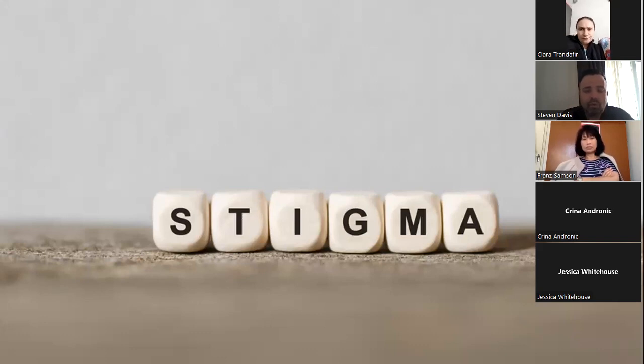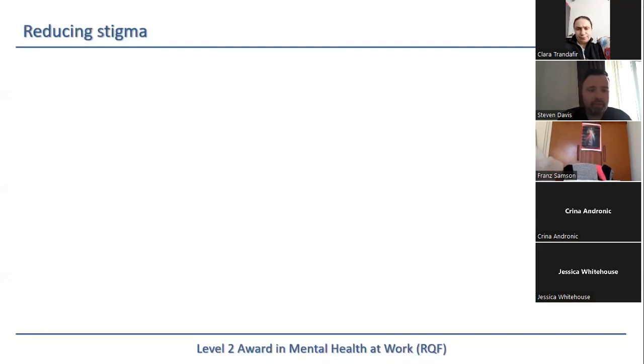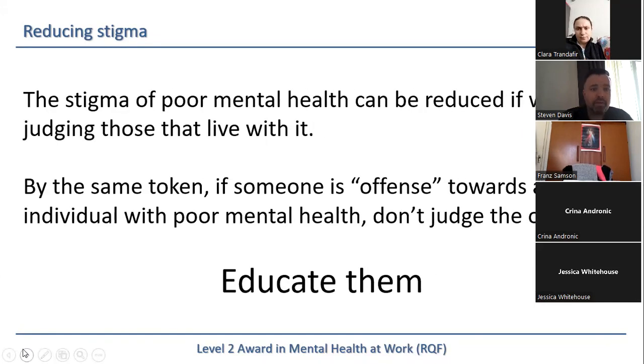So we've already said before in our dementia training, our role within our practice is to reduce stigma. So trying to reduce barriers, open up discussions, and to reduce stigma. When we're thinking about reducing stigma with mental health, the stigma of poor mental health can be reduced if we stop judging those who live with it.